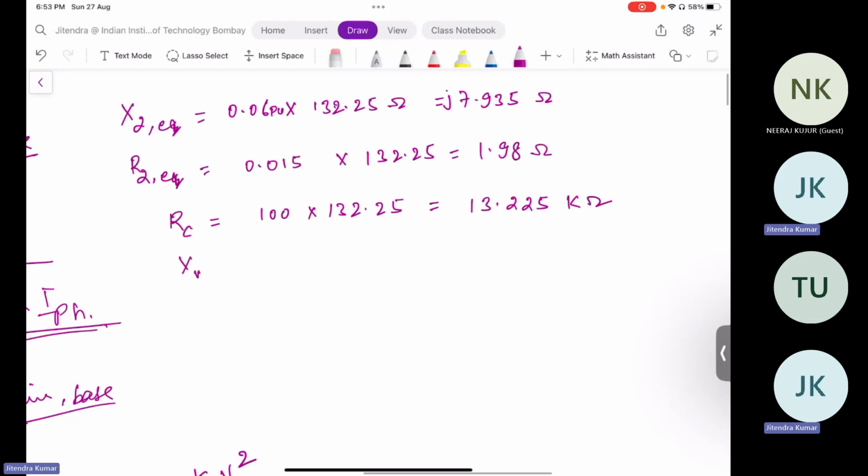XM is 20 per unit into 132.25. So it will be 2.645 kilo ohm.